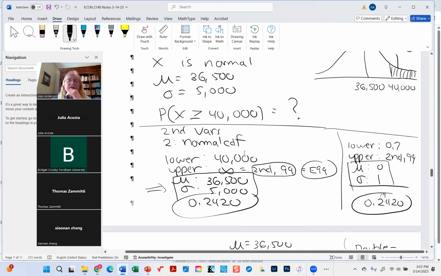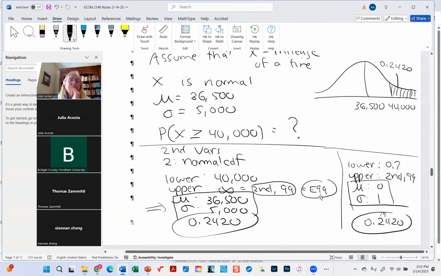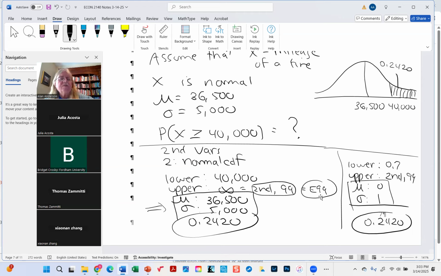The upper limit is infinity, which we know how to enter now. Don't forget to change the mean and the standard deviation. So if you plug in those numbers, you should get 0.2420 once you round it to 4 places. And that tells me that approximately a quarter of their tires will last at least 40,000 miles.